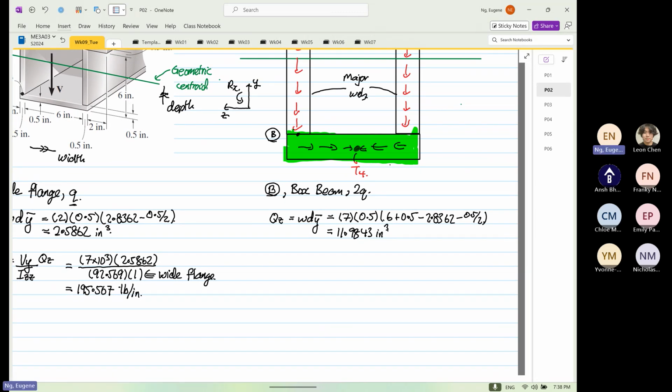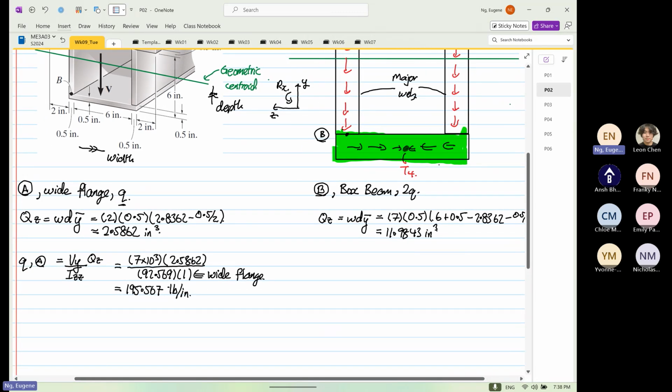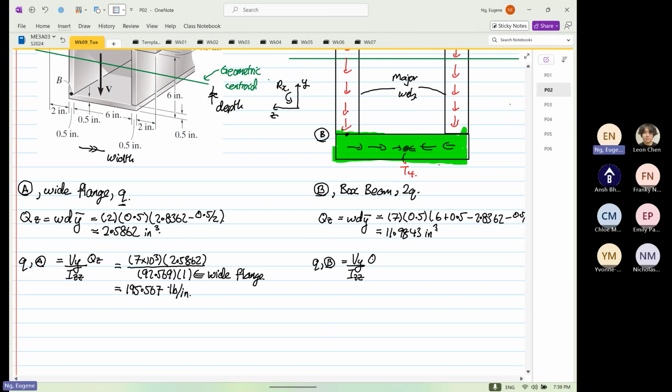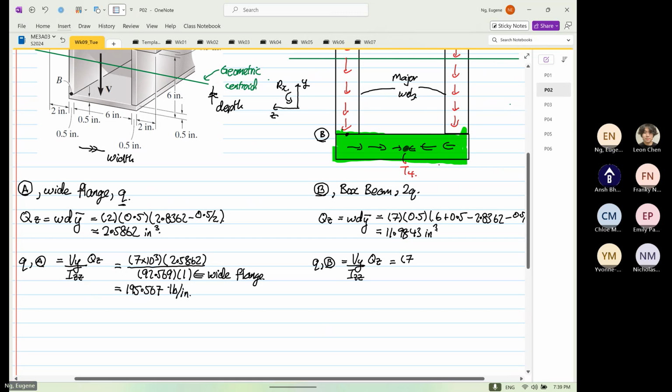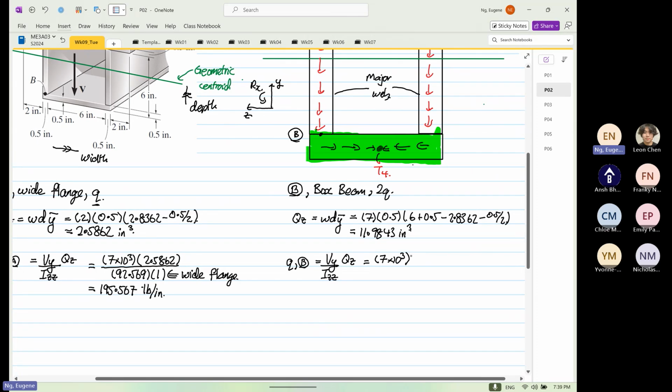Yep. So from here, we can calculate the Q at point B, right? So this is equal to Vy over Izz multiplied by Qz. So this will be equal to 7 times 10 to the power 3, and then we have 11.9843, and then divide by Izz, which is 92.569.